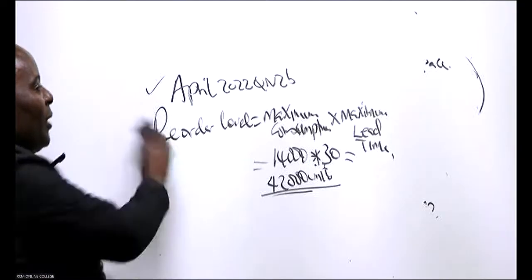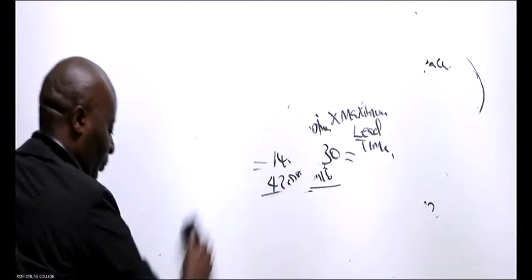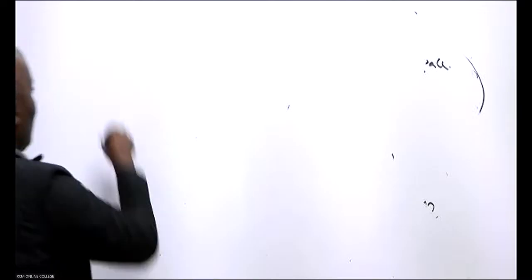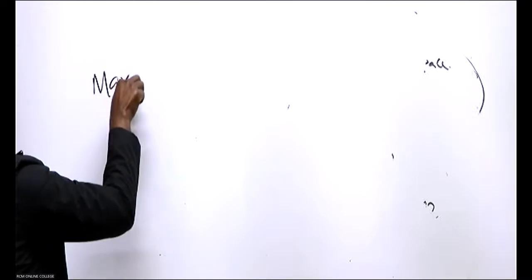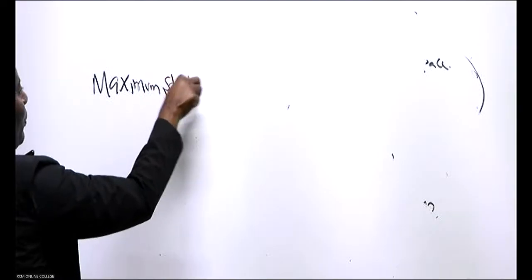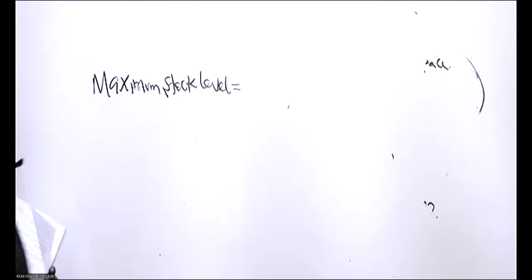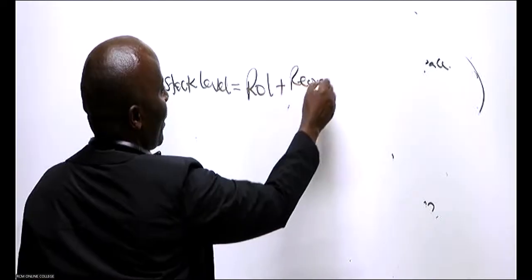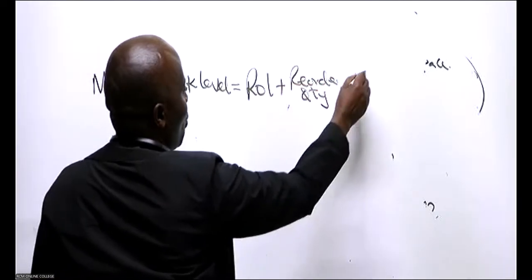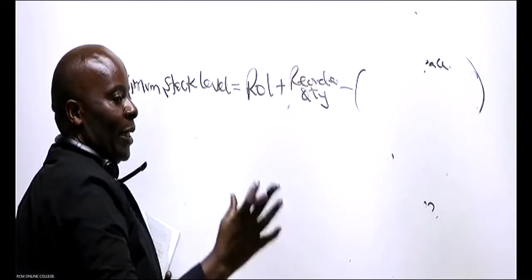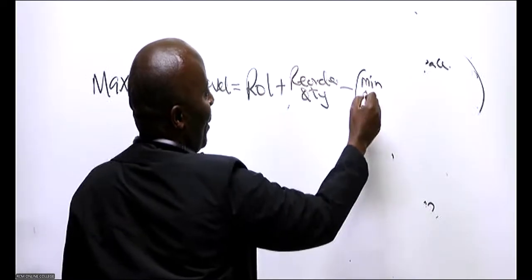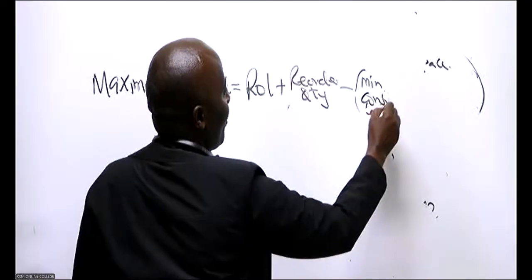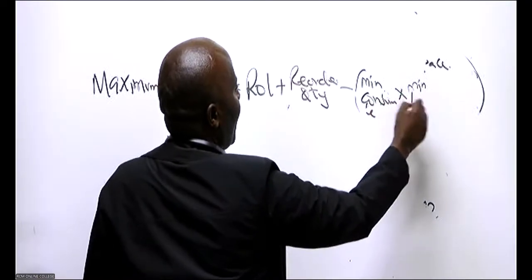Now we are calculating the maximum stock level. We've said it's the reorder level and reorder quantity, and to ensure it's the maximum, we use minimum consumption times minimum lead time.